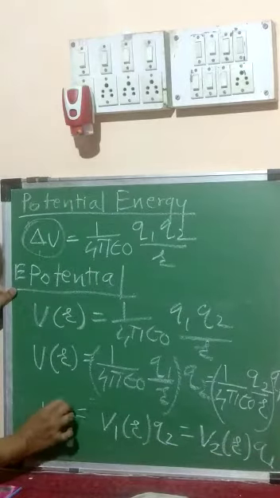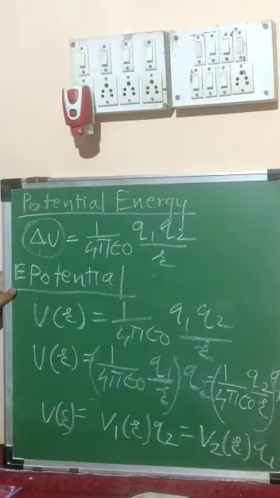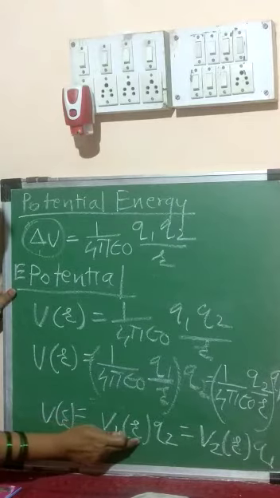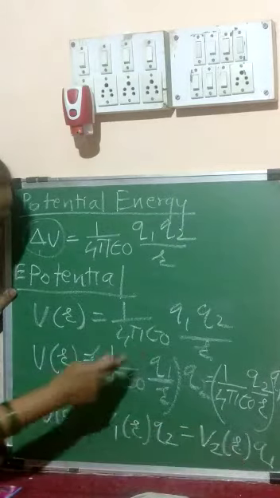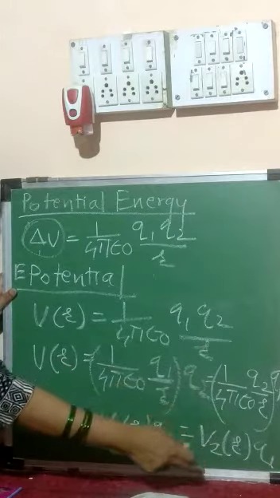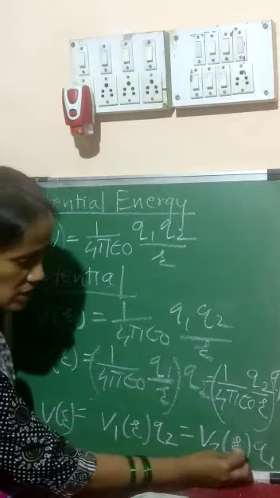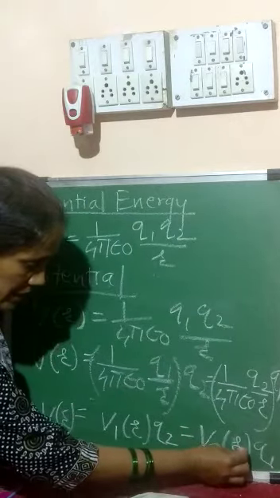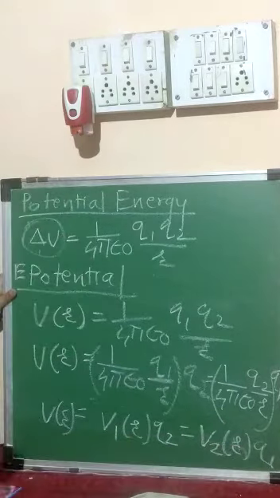That is the potential energy. So V1R and V2R are the electric potentials of charges Q1 and Q2 at distances R1 and R2 respectively.